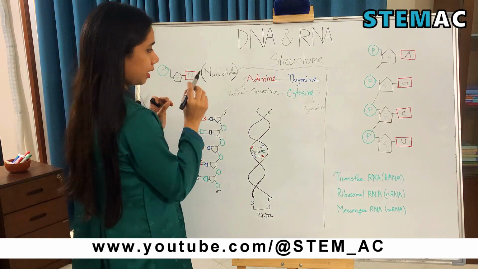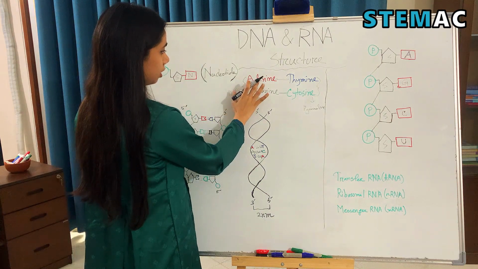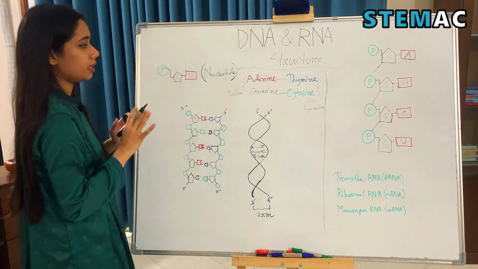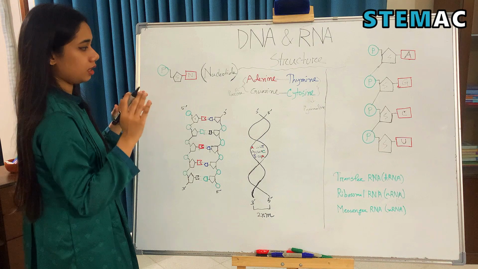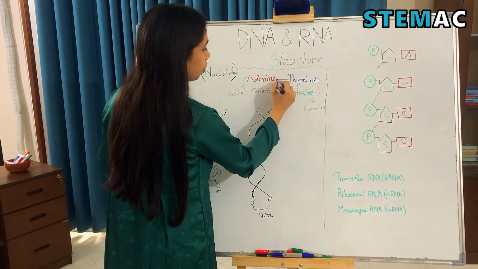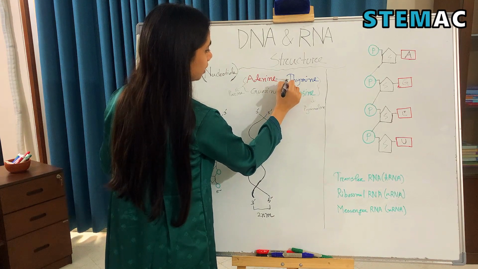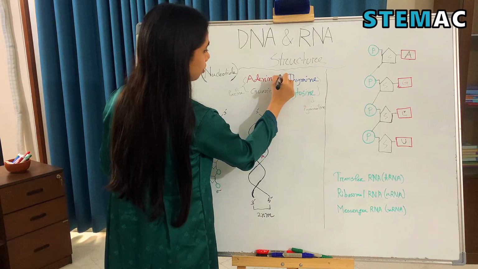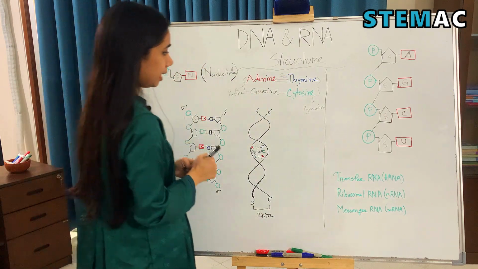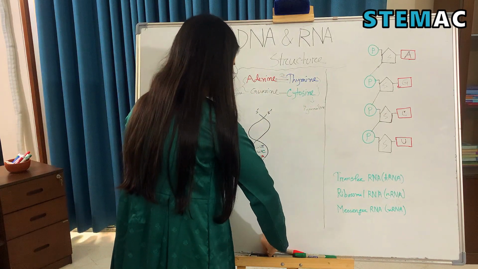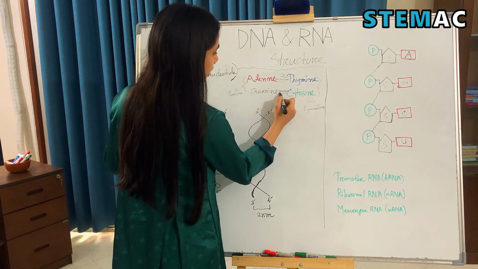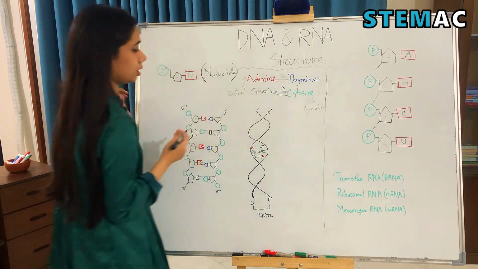Now there's a slight difference between the adenine-thymine pair and the guanine-cytosine pair. In the case of adenine and thymine, there are going to be two hydrogen bonds, and in the case of guanine and cytosine we will get three hydrogen bonds.